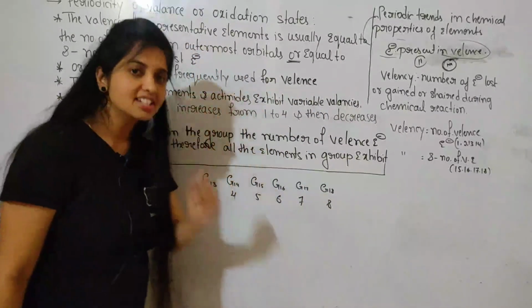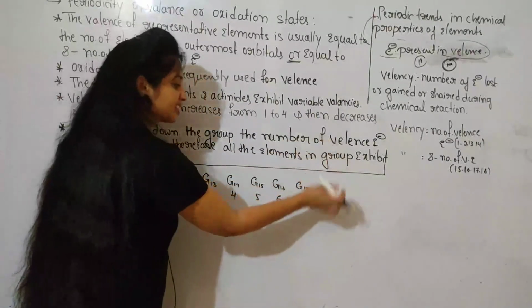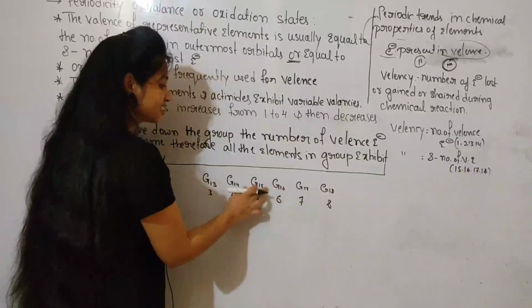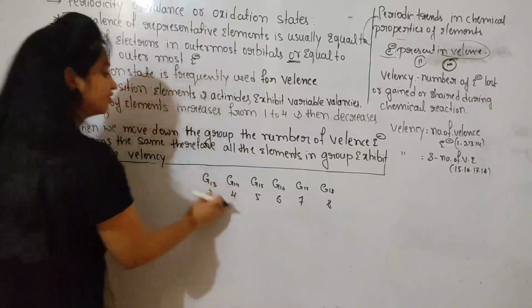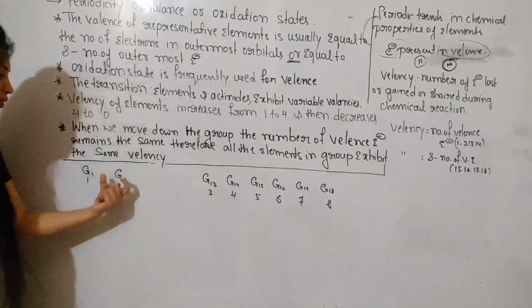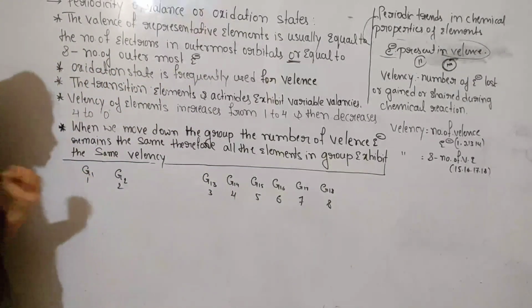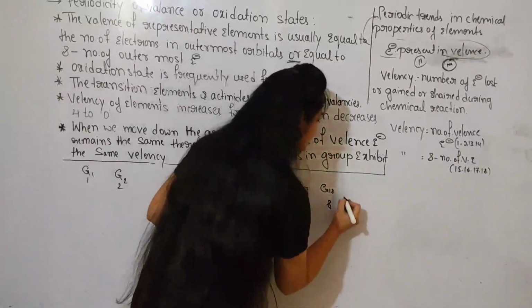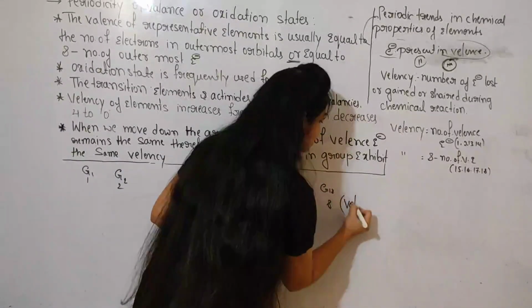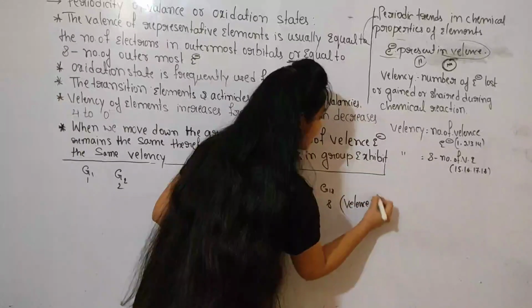So the valence electrons of group 18 is 8, 17 is 7, 16 is 6, 15 is 5, group 14 is 4, group 13 is 3, group 2 is 2, group 1 is 1. Now I hope you know about the valence electrons.